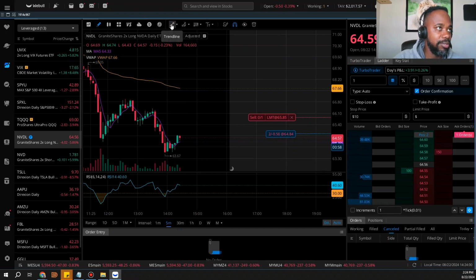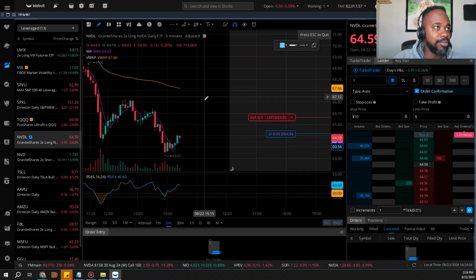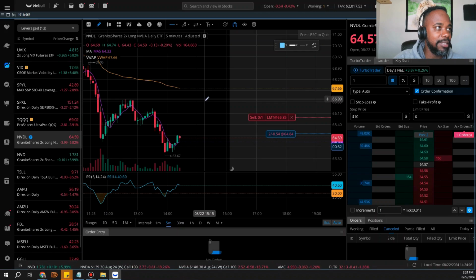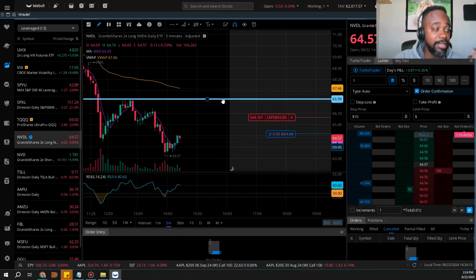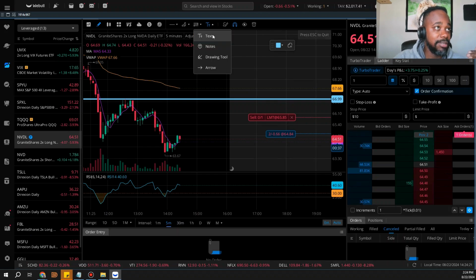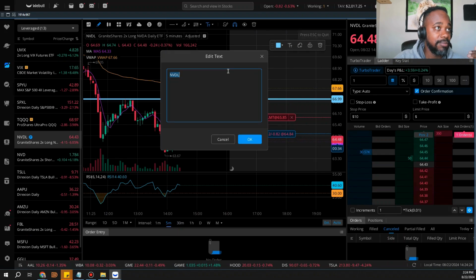But you use your tools like this if you want to do a trend line, or you just want to put a quick horizontal line. As when we spoke about those breakout lines, this is what we would call a key level of resistance. And so you utilize your tools up here. If you need to put notes in here, then you can do something like the text, put it here. All right.